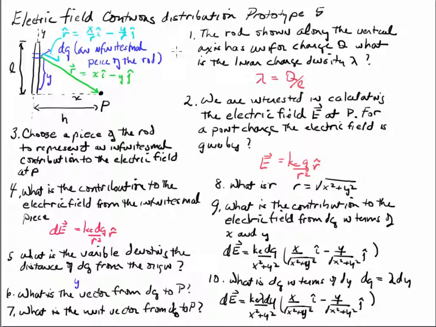And of course, I show it here where the contribution to the electric field is given by K_E lambda dy over the distance squared times the unit vector from the charge element to the point P. At this point, you should be able to go ahead and integrate this and find the final value for E at point P. End of problem.